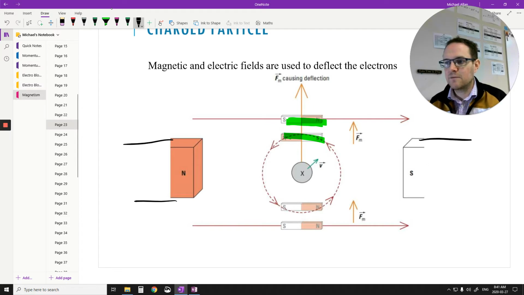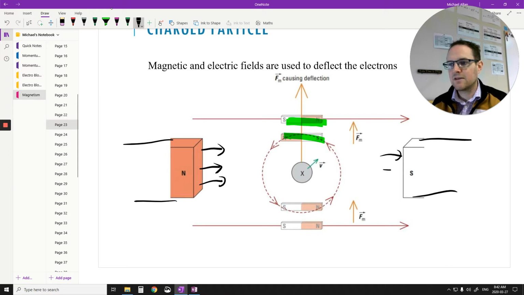Now these magnets could be attached in a horseshoe shape. They could be two separate magnets, it doesn't really matter. But the lines are going to come out of the north and into the south. Okay? So there's a line drawn here on the top that represents that. There's a line coming out of the north into the south. So there's a line right here.